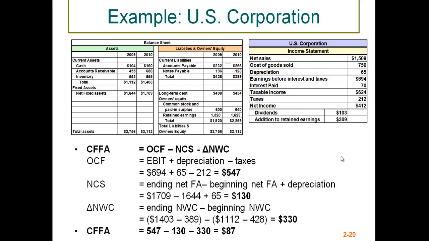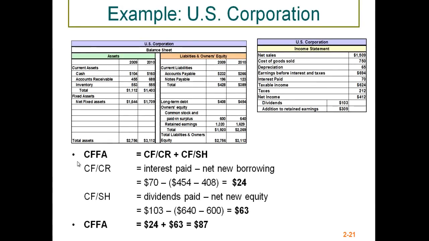Okay, let's look at the other formula. Here we can use the formula cash flow from creditors plus cash flow from shareholders. Cash flow from creditors is interest paid minus any net new borrowing. So if we go to the income statement, we can see that we spent 70, and for our net new borrowing, we go to the balance sheet and we look at the change in debt.